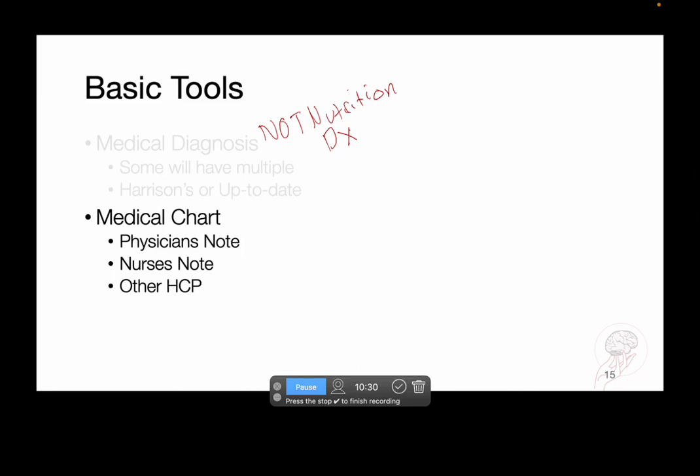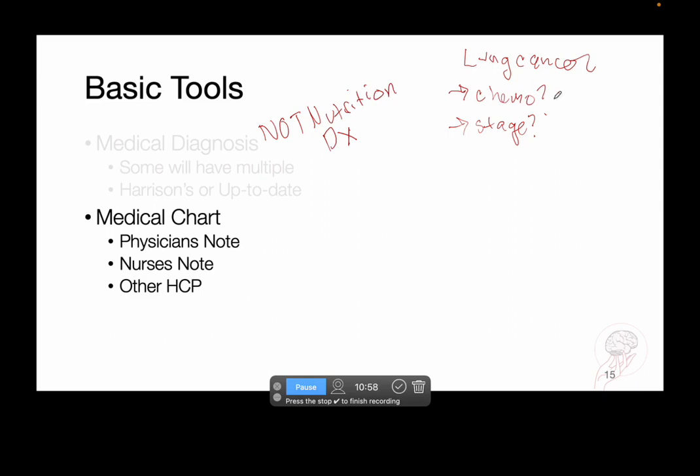We can look at their medical chart. So let's say we are dealing with someone who has lung cancer. Some things that would be important in their chart: are they on chemo? What stage? Do we have a physician's note, a nurse's note, other healthcare practitioner?